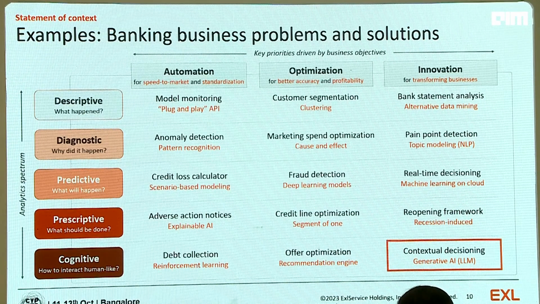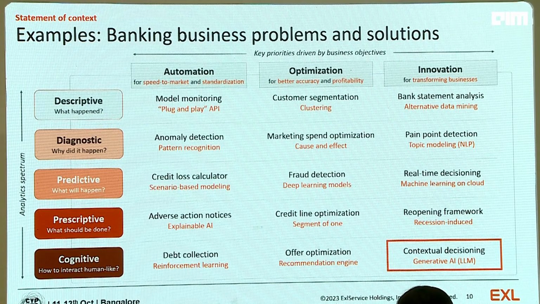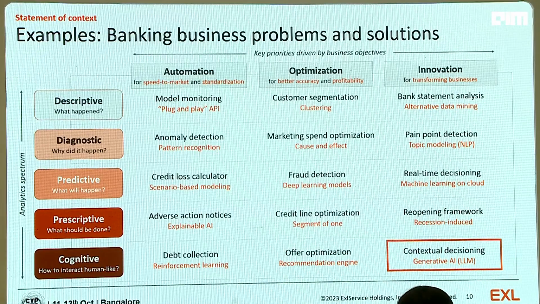One important example here is cognitive. Cognitive is a relatively new field, I would say, compared to the others. So descriptive, diagnostic, predictive, prescriptive, and cognitive are in the increasing order of their value chain. Descriptive means all those analyses where you try to understand what happened. Then you go to diagnostic where you say why it happened, and ask, can I do something about it?